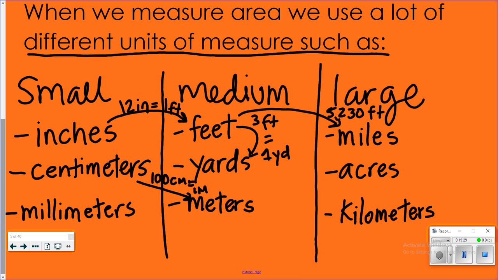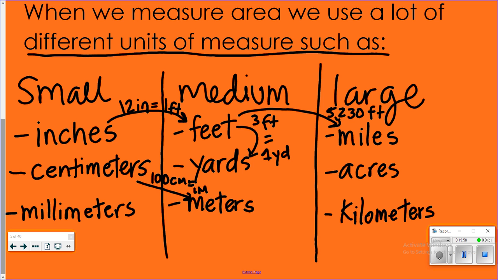Ethan? I don't know any, but how many inches would it take to do a mile? 1 mile. So, you would have to multiply 5,230 by 12 to figure out how many inches in a mile. Well, you could do 5,230 times 10, which will bring you to 52,300.